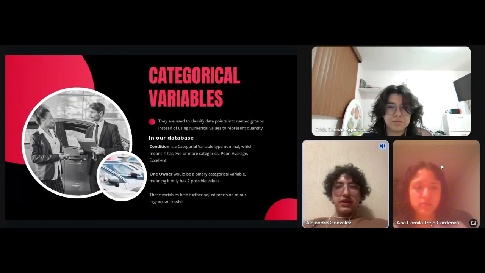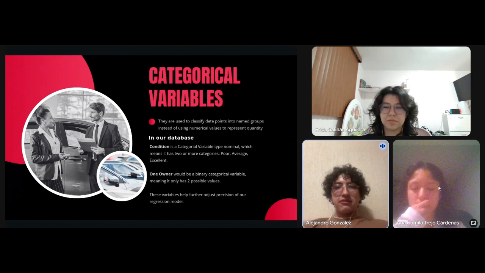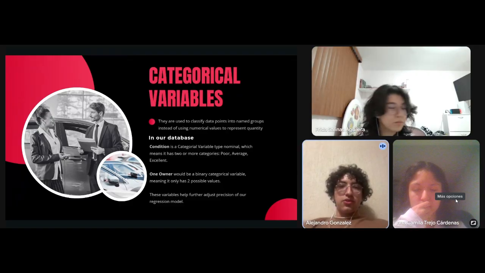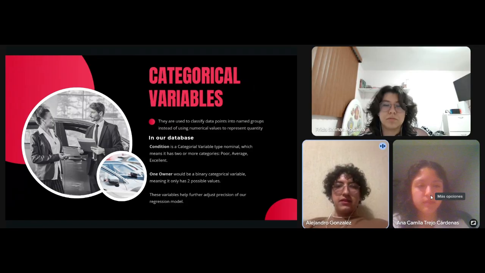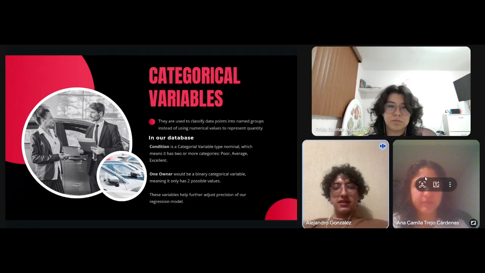So we did a bit of investigation about categorical variables, and we found that they are used to classify the data points into groups, using some sort of quantity to represent the variable instead of just any random numerical value.